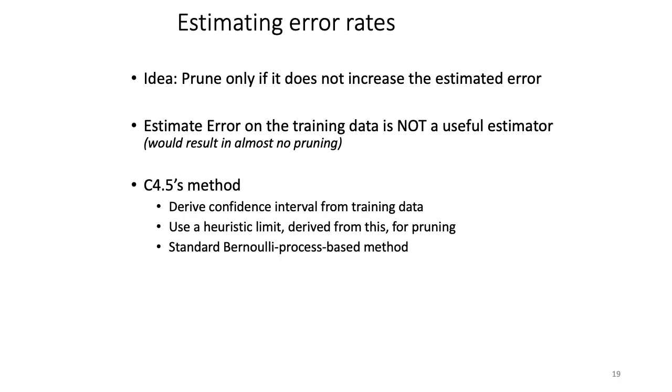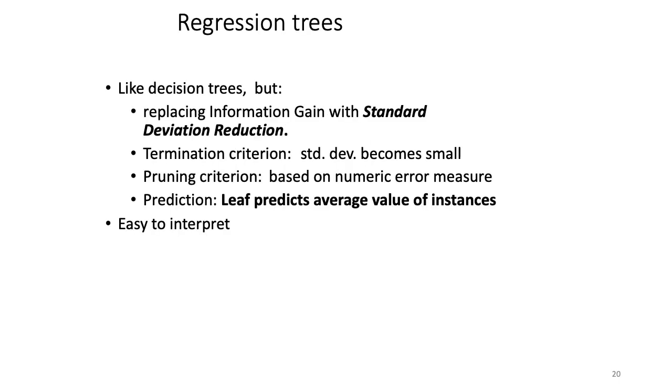Now, regression trees, on the other hand, work for numerical data and numeric attributes. It is also a divide and conquer algorithm. The way to construct regression trees is very similar to constructing decision trees, except with small changes, namely the criterion or the metric to choose the root and all the different nodes will be different.